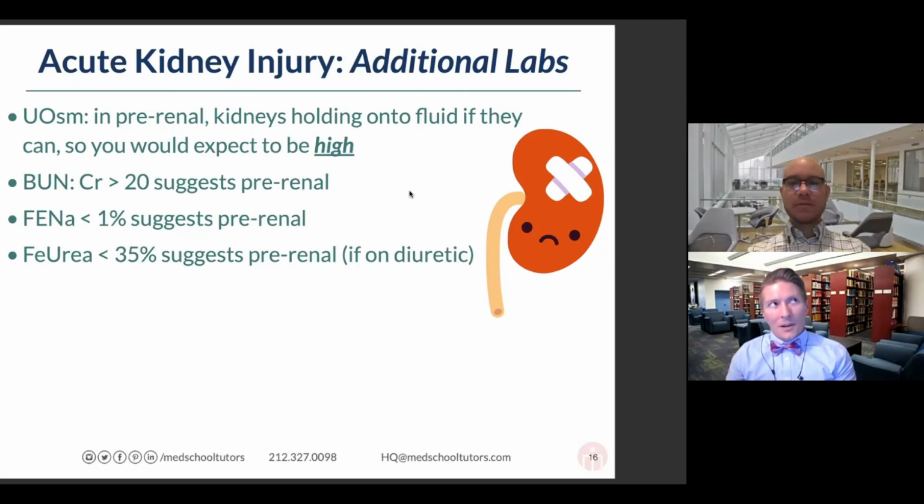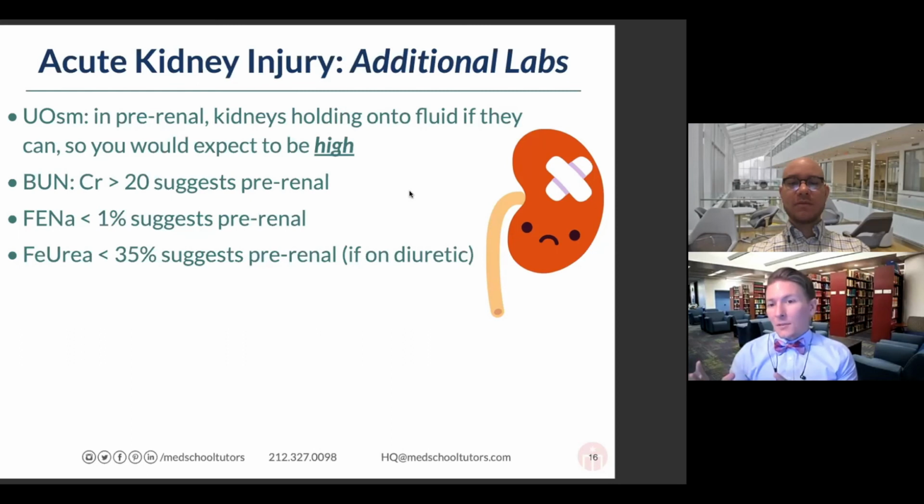Someone with high aldosterone, which means high renin, high angiotensin, high aldosterone, probably has a reason to be releasing renin in the first place, which means they most likely have some kind of pre-renal injury leading to the kidneys reactively releasing renin, angiotensin, and aldosterone. So another way to look at this is to say if the fractional excretion of sodium is practically zero, we're most likely looking at some kind of pre-renal injury.